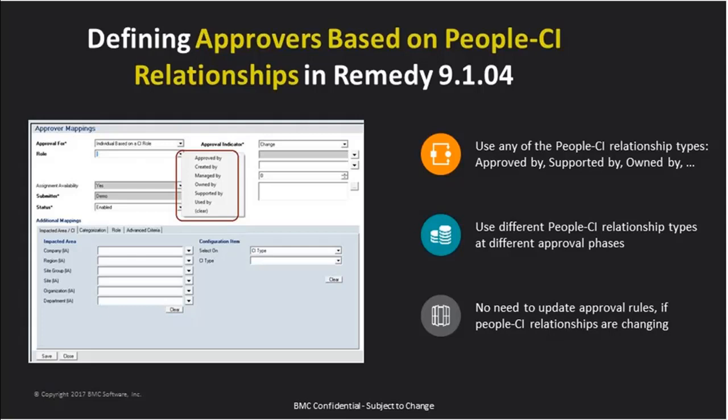And again, instead of managing these individually, you just define that rule once, and then it will apply to all the CIs that are attached to a change or a release. So something that will significantly reduce the effort. We certainly have seen some of our customers do this through customizations even today. But now this is an official feature as part of the 9.104 release, right?